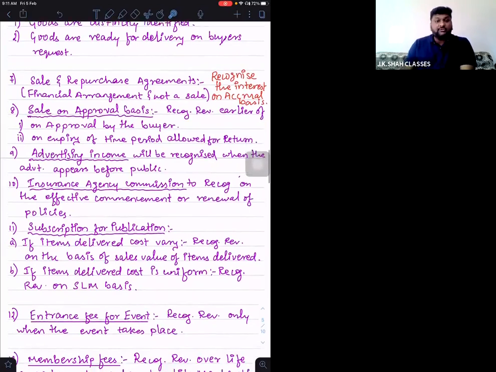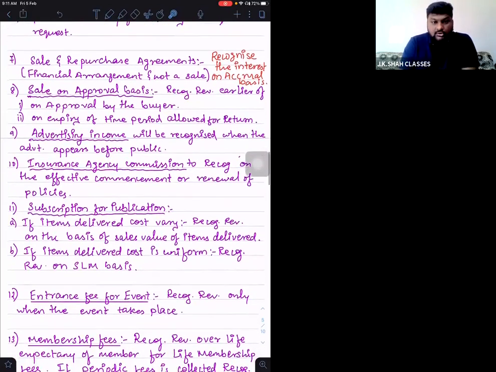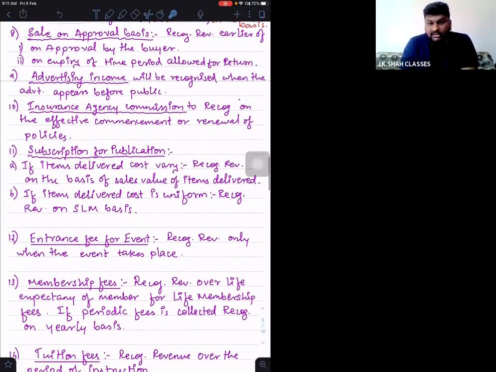Next, entrance fees for an event. So Vijay, the actor, has got an event in Chennai and everybody is very eager for his event because he is going to dance in front of you. So you are going to watch his dance, right? There is an entrance fee for that event. You have paid the entrance fee. So the event organizer, when should he record the revenue?